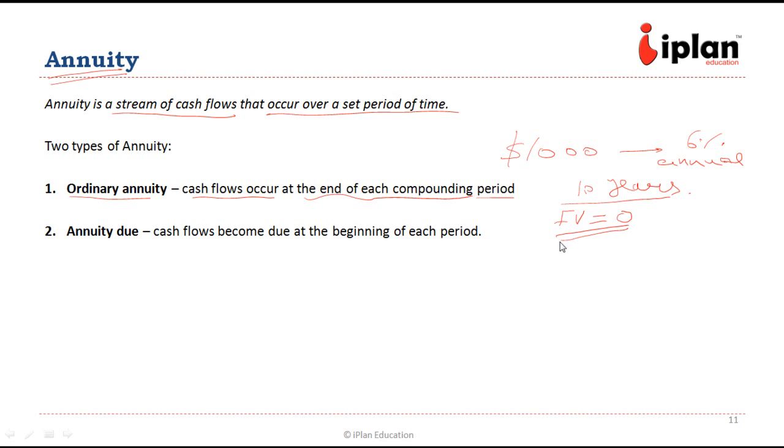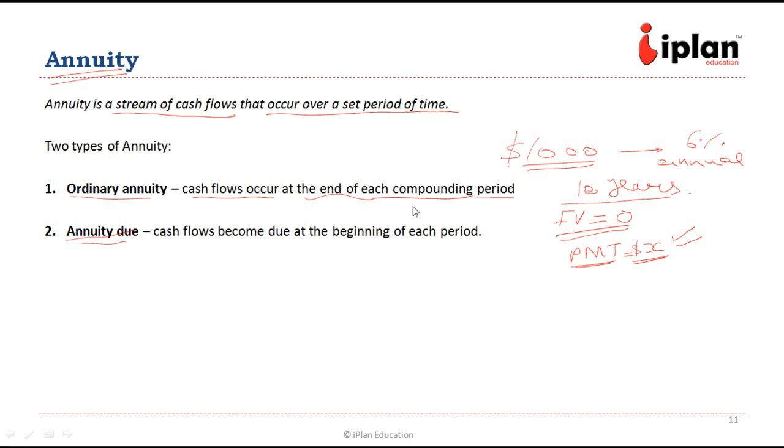But at the end of every year, we receive an annuity or payment, say X dollars. So if we receive the X dollars at the end of every year till 10 years, that will be the compensation for this present value. This can be calculated. We will see the calculations in subsequent slides. The idea of the ordinary annuity is this.